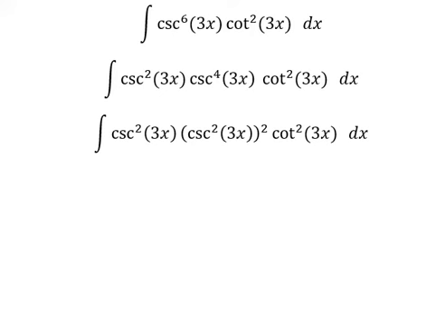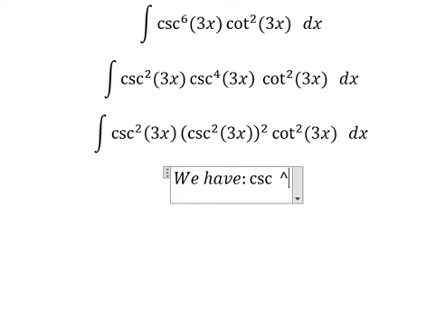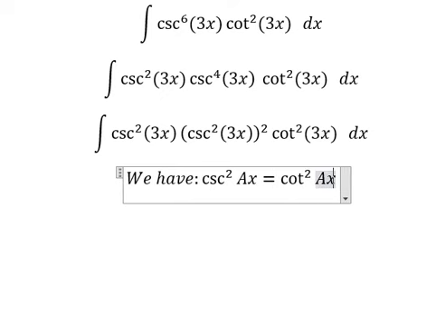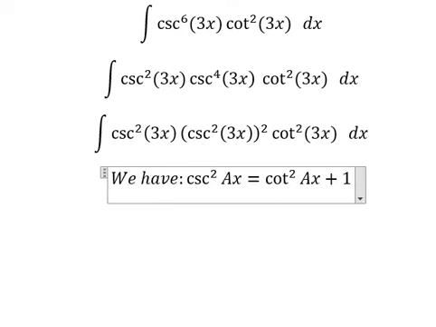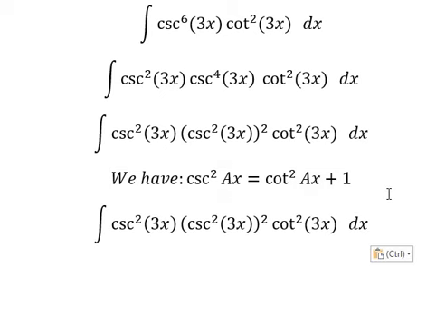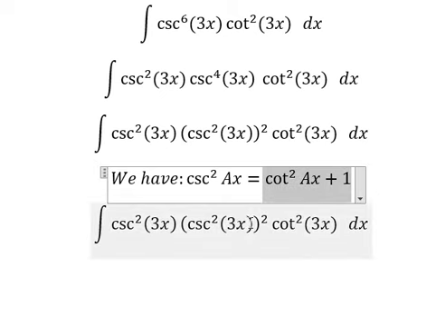Next, we have the formula cosecant of as equals cosine as squared plus 1. So I will put this one going here.